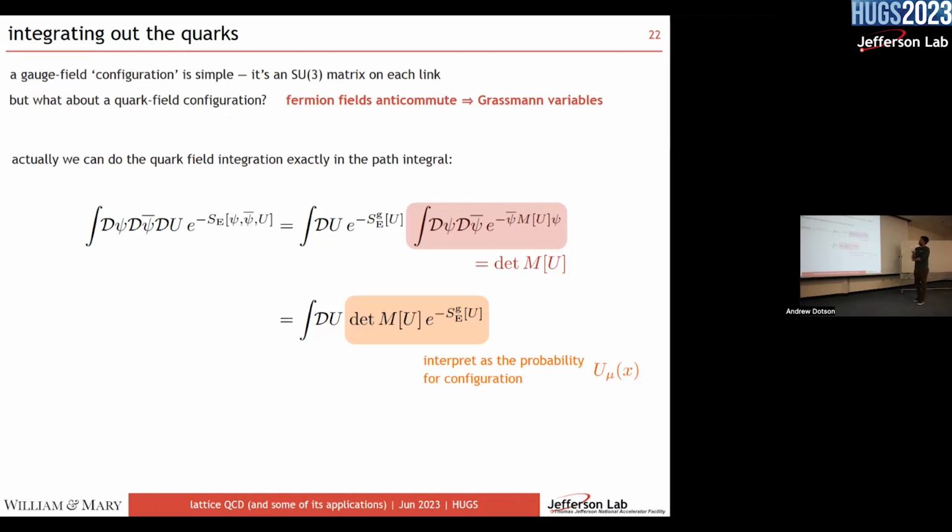So here's the cute thing. Because the QCD action is bilinear in the quark fields like this, the bit of the path integral that is the integral over the fermion fields, this looks complicated, but really this is a Gaussian, right? This is e to the minus x squared.